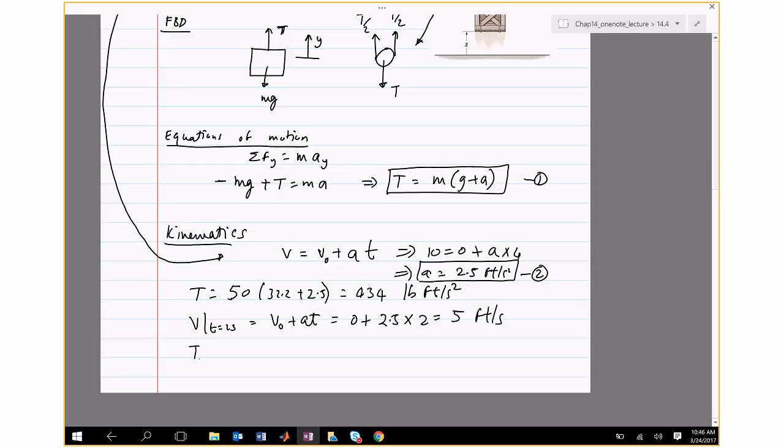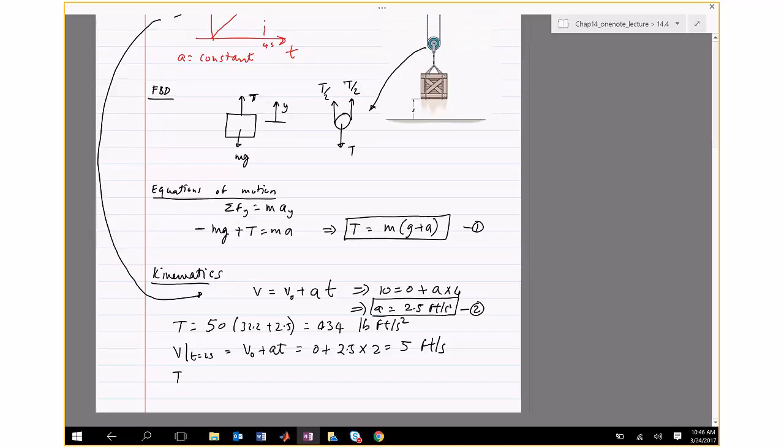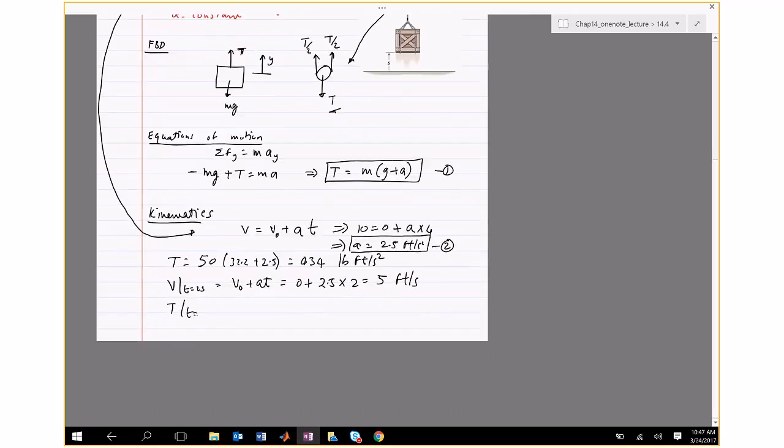I need to find the tension. Now the tension here is the tension in the motor. It's not the tension in the, one sec. Okay, my bad. Sorry. It is this tension. The tension at t equals 2 seconds is the same thing I found here, 434 lb feet per second squared. Is that right?